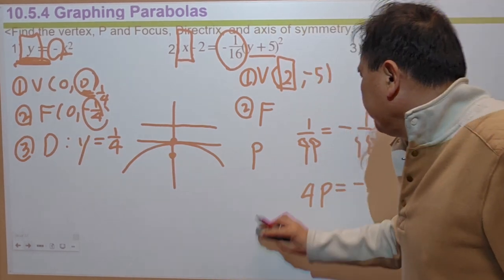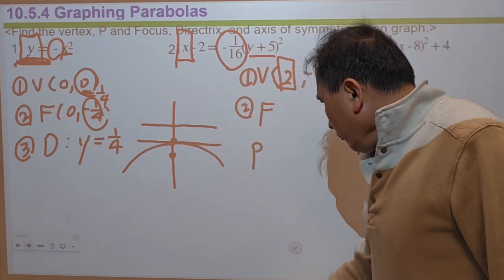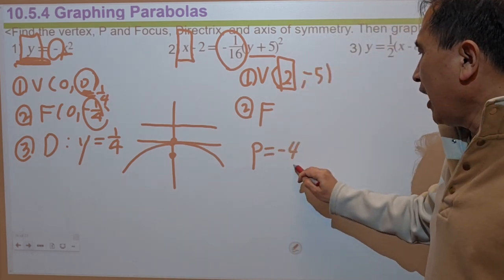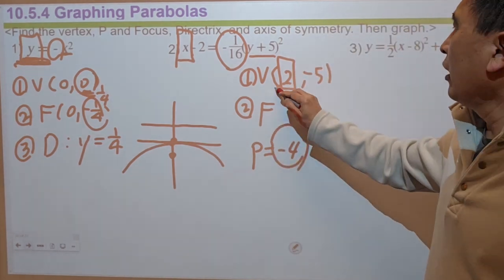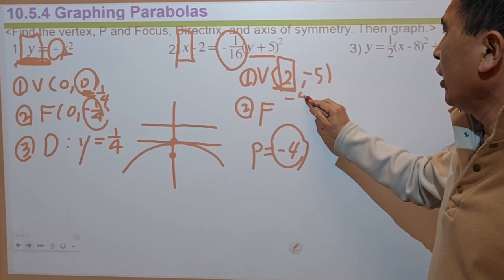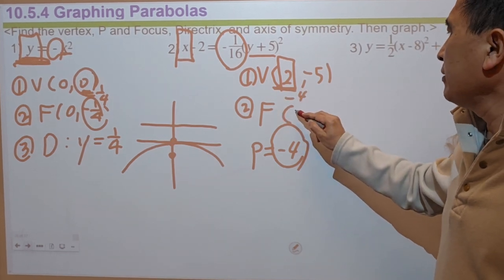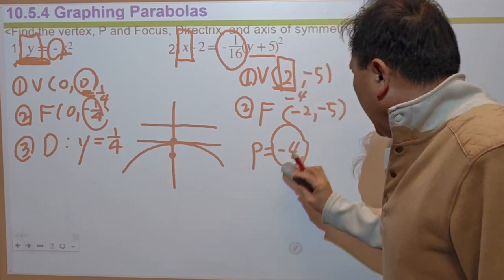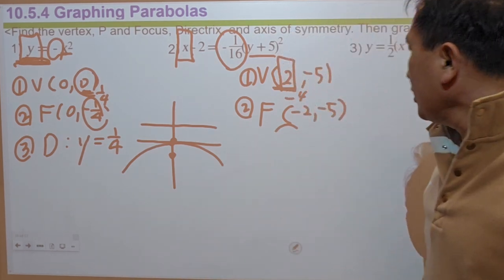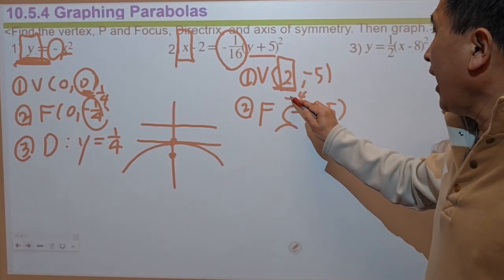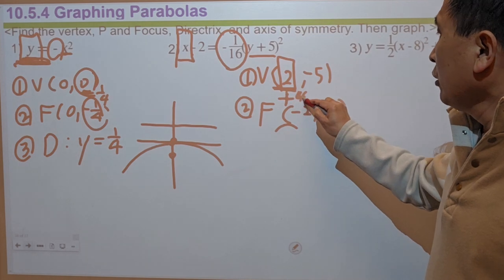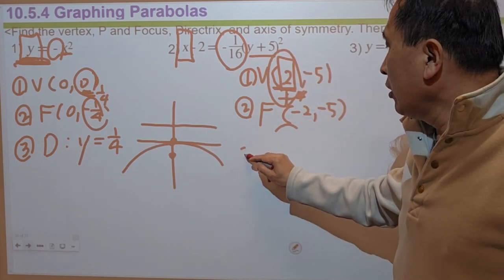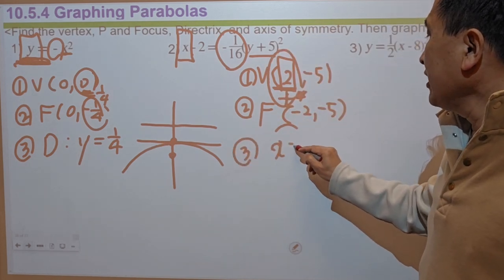p is negative 4. That means now you add this to the x value. 2 minus 4 is minus 2, so the focus is (-2, -5). And p is minus 4, so for the directrix you add 4 to the x value. So x equals 6.